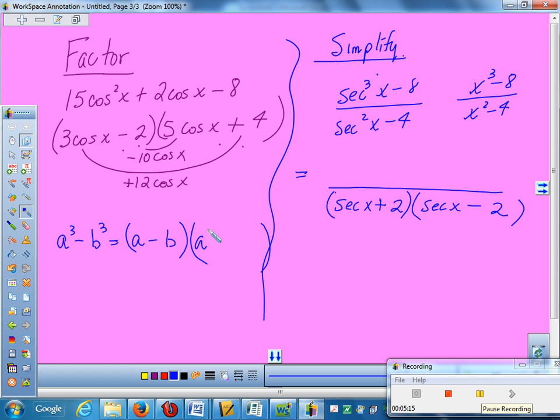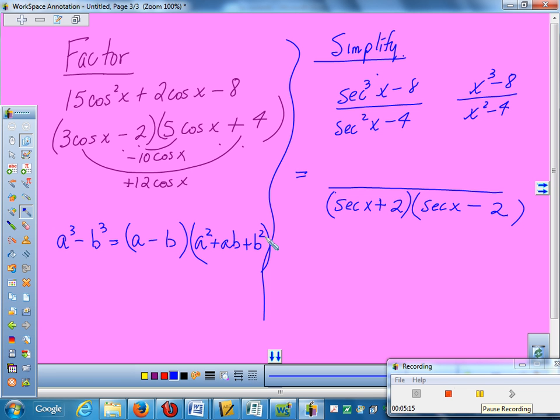Then it's the middle term, an AB. Do you add or subtract? It's opposite. If this is a minus, you do a plus. The next one is always positive because you square it, and anytime you square something, it's positive. So it's always b squared. That's how you factor perfect cubes.